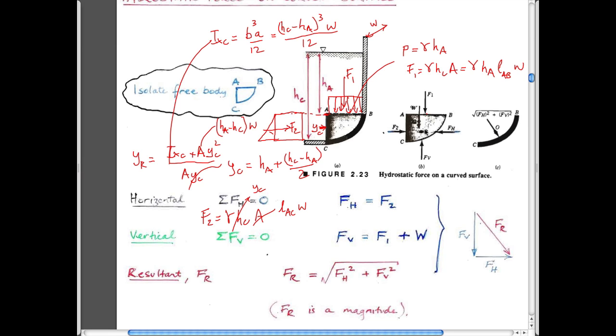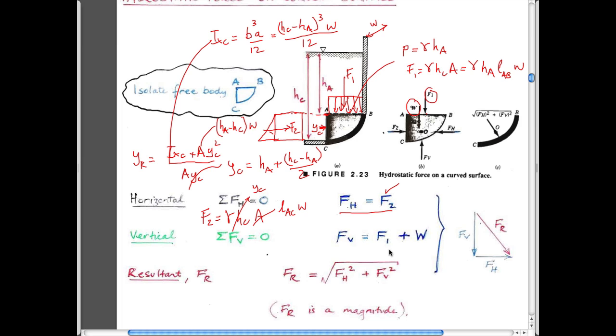We know that resolving horizontally, FH equals F2. And we have magnitudes for both of these. If we know F2, we know FH. We can resolve vertically. We know what the weight is. We know what this vertical force is. And so we can calculate FV just by writing FV being equal to the sum of those two.